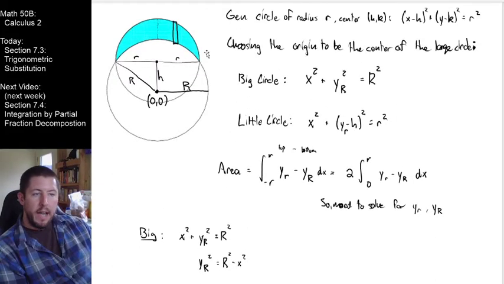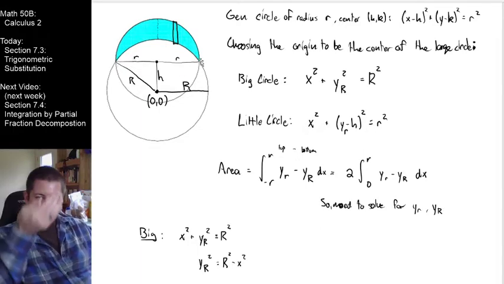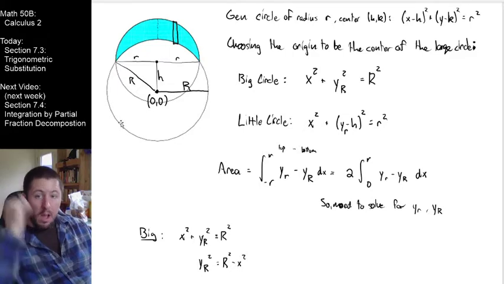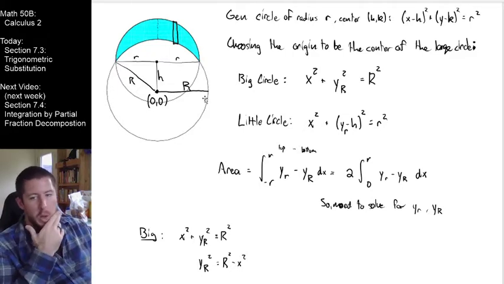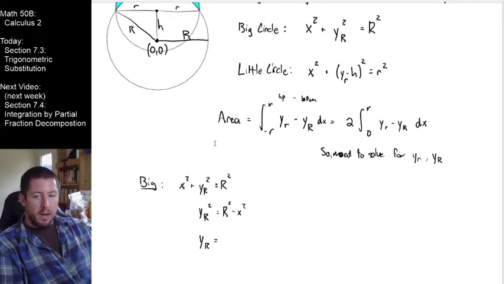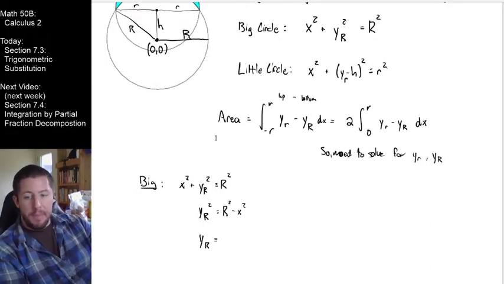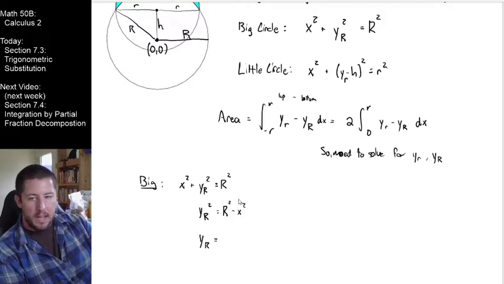However, what I'm recognizing is that we are only considering the top halves of each of these circles. In fact, these intersection points represent exactly the transition between the top half and the bottom half of the small circle. For the large circle, it's very clearly only the top half. So I'm going to be cool to drop the plus or minus and only keep the positive version because we're only discussing the top halves of these circles.